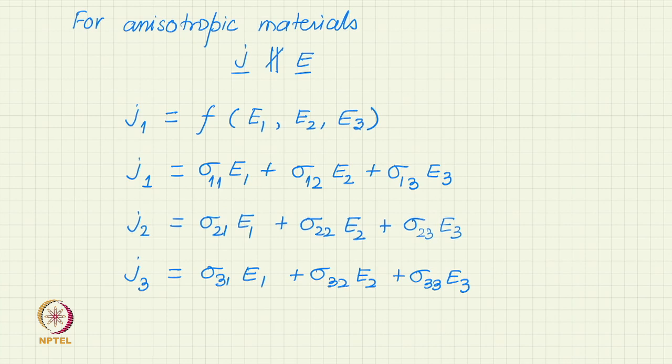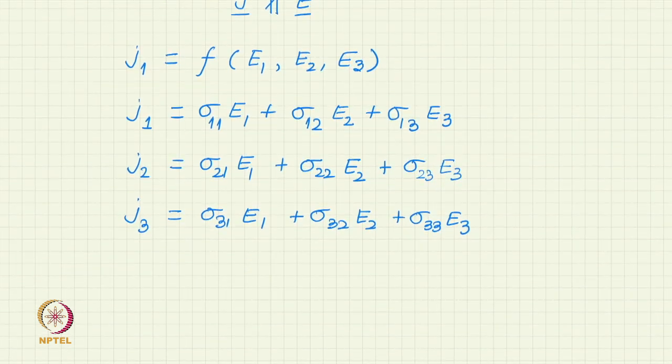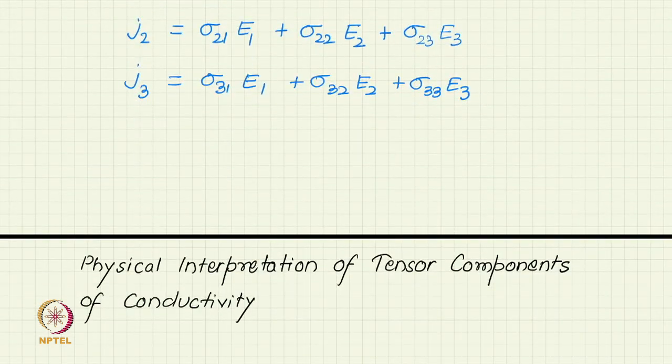So, all these sigmas, the 9 sigmas I have written, sigma 1 1 to sigma 3 3, all will have the dimensions of electrical conductivity. So, they are some sort of electrical conductivity, but to describe the property of the material all these 9 components will be required. To express the relationship between J and E, one scalar conductivity is not sufficient, we require 9 such coefficients. Now, let us interpret.